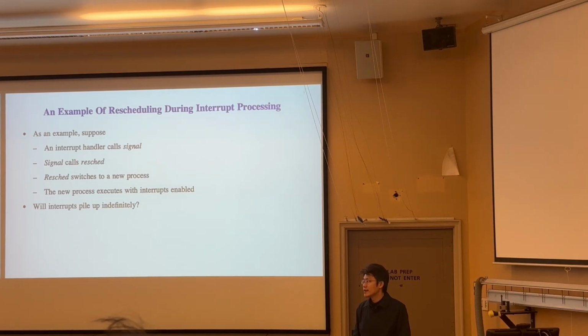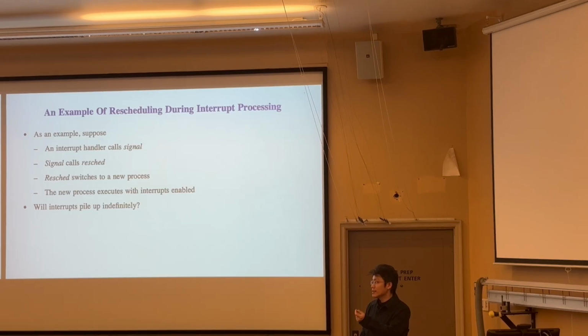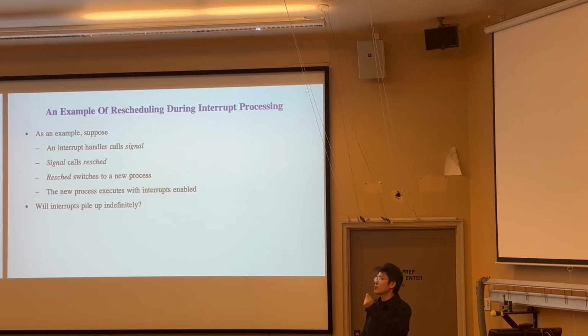Does it have a flag for reader? Yeah, the context switch, sure. That's a question, there's no answer yet. So the context switch will switch in a process and restore the previous interrupt set, and then continue execution.